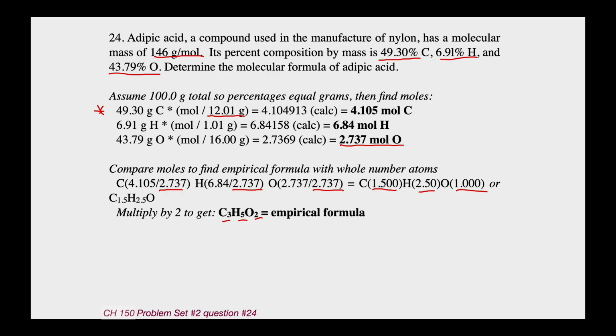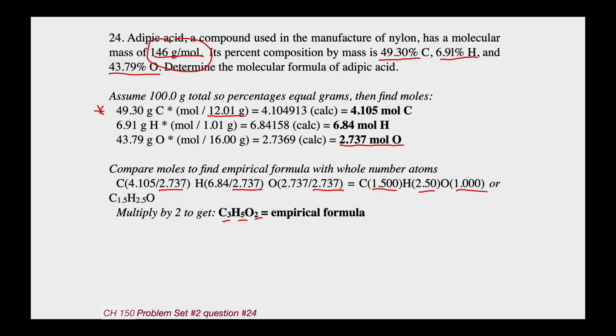Okay, so C3H5O2 is the empirical formula, and we're going to now use the 146 number up there to figure out what the molecular formula is. So we're going to add up 3 carbons, 5 hydrogens, and 2 oxygens to get the molar mass of the empirical formula, and we'll compare that to 146.